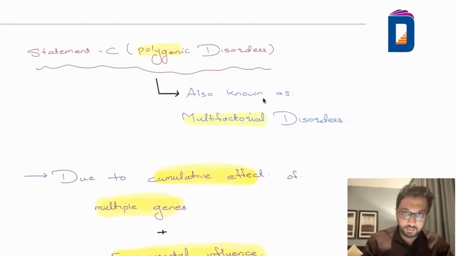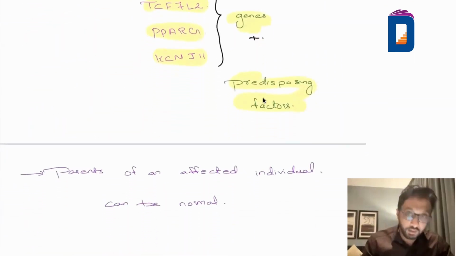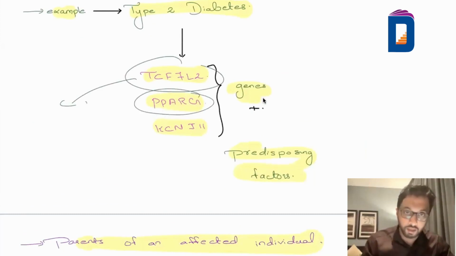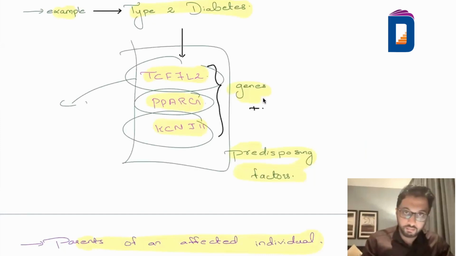Now you know that there can be a possibility that the parents of an affected individual can be normal. Why? There is a possibility that the first gene is given by father, the second gene by mother, the third gene again by father. The child is getting all three, but father has only two, mother has only one.